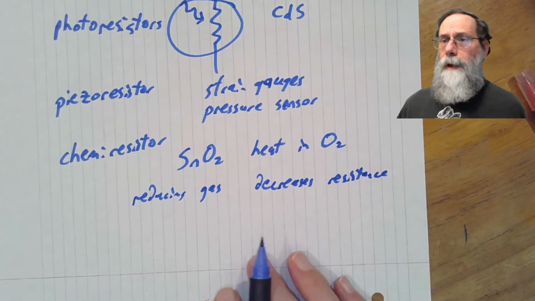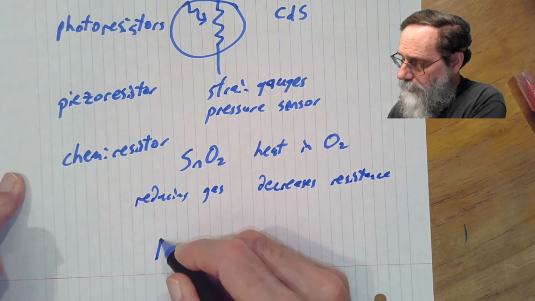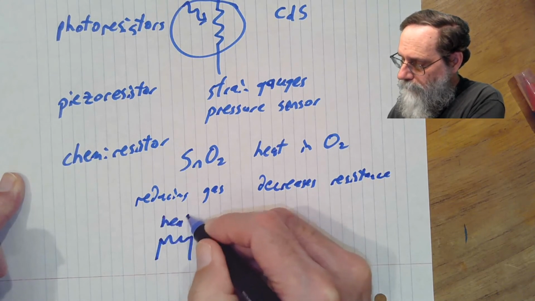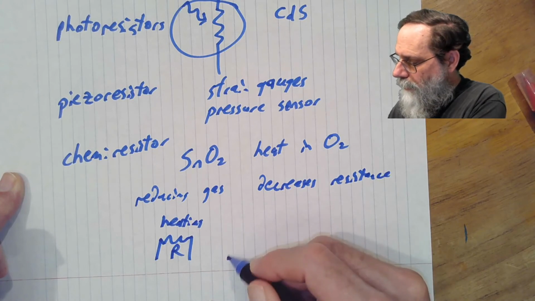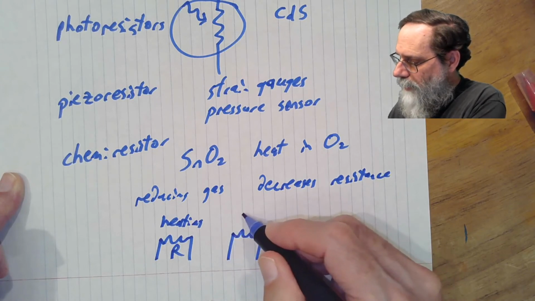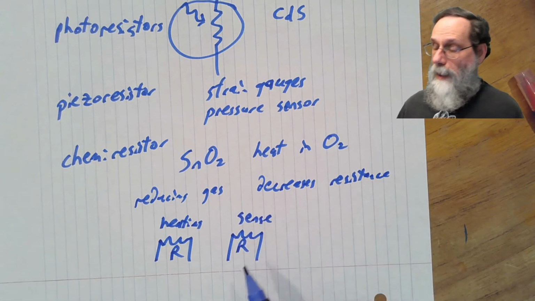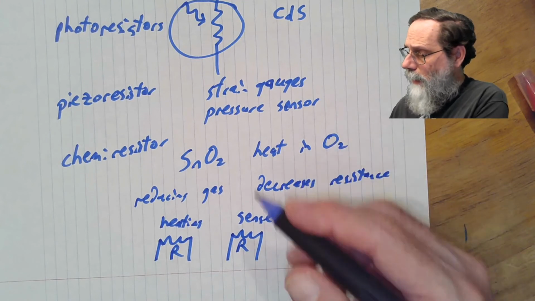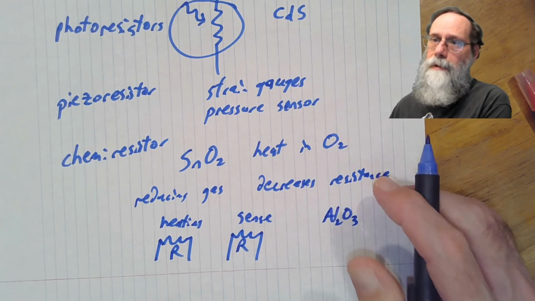This sort of sensor usually consists of two parts. One is a heating resistor, and the other is a sense resistor. The sense resistor is this tin oxide, which is usually a very thin layer on something like an aluminum oxide ceramic substrate.